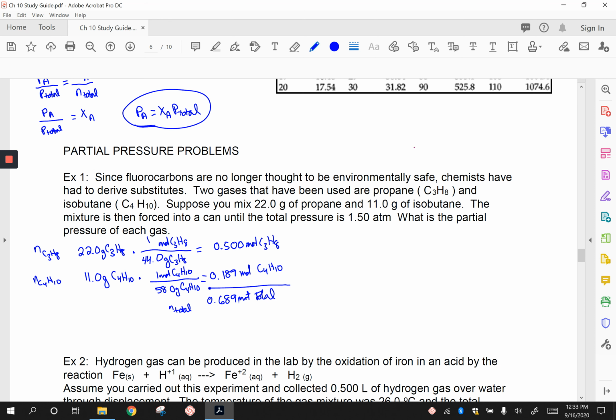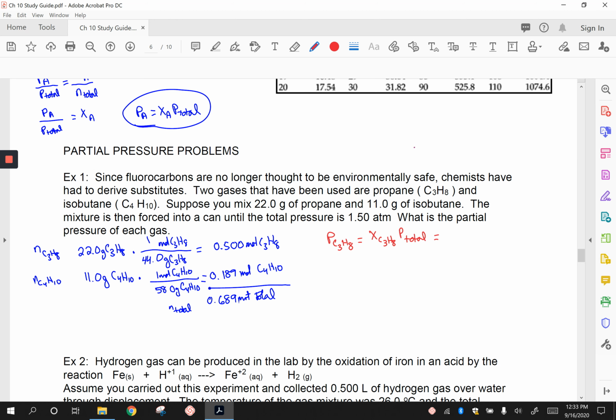All right, so now I can use this here. I'm going to calculate the partial pressure of the propane first. It is equal to the mole fraction of the propane times the total.